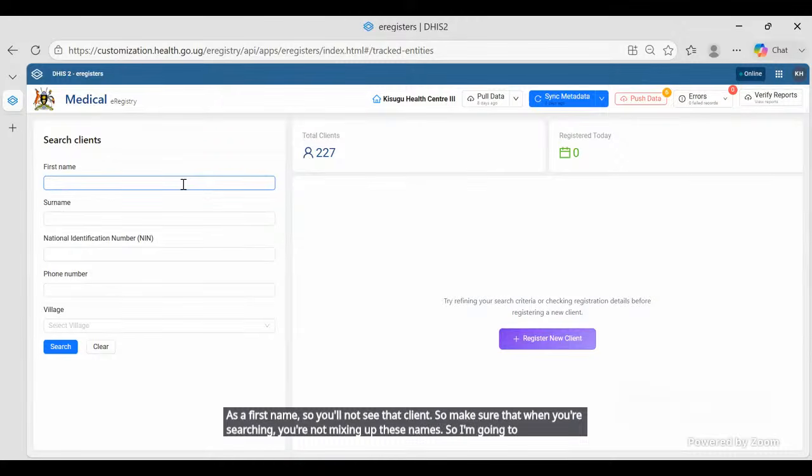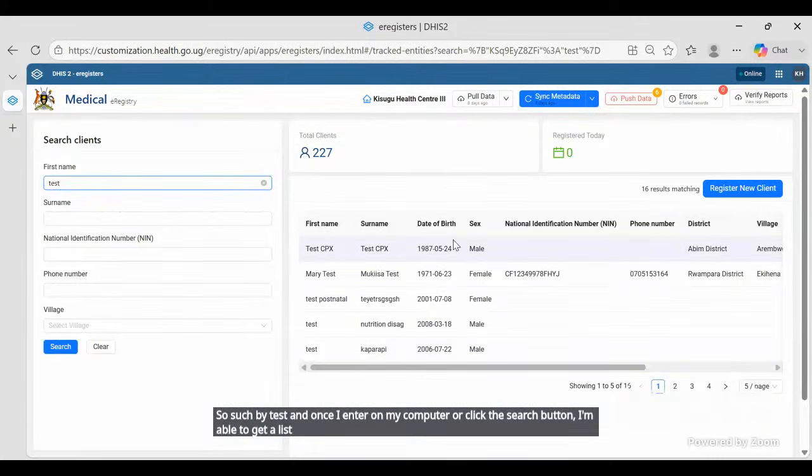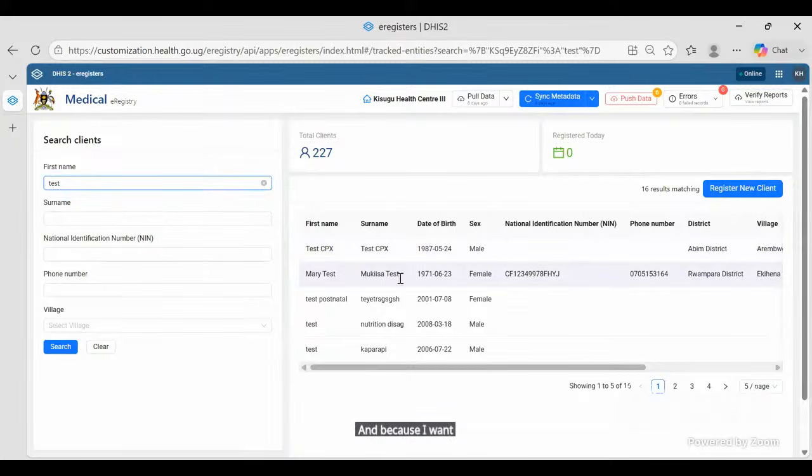So I'm going to search for a client who already exists. We have quite a number of test clients, so I search by test. Once I enter on my computer or click the search button, I'm able to get a list of the clients on the system. Because I want to demonstrate aspects of maternal health, I'm going to get a female client.